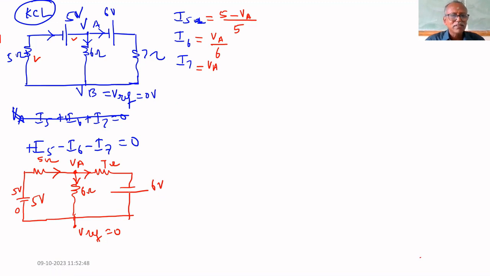Here you consider, if it is the other way, VA minus 6 is correct. But it is inverted. You are digging a well means you are on the first floor.